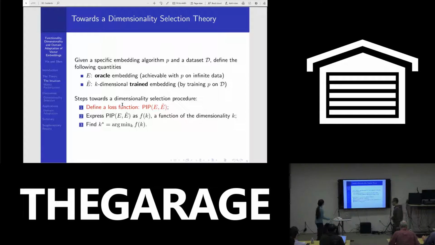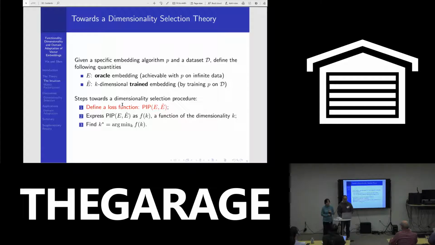Is E a statistic, or is E the embedding function that you're learning? So E is the embedding function we want to learn, the unobserved, AKA optimal embedding. Because it is unobserved, when we carry out the training procedure, we give the procedure a corpus, where we estimate some quantities like word co-occurrence probabilities.